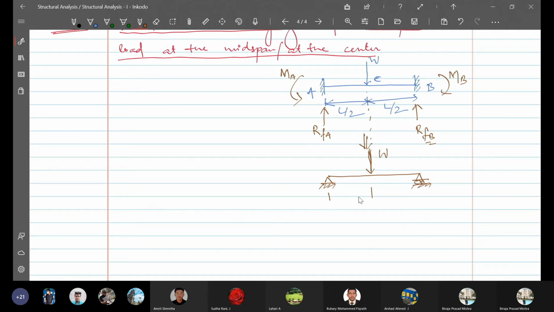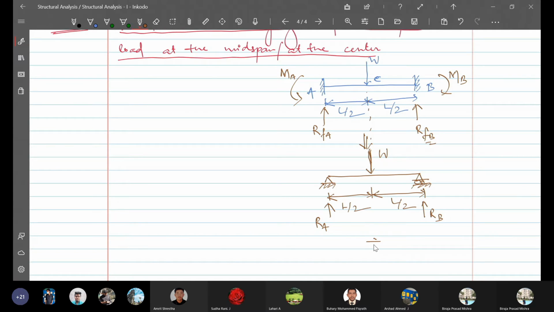The distance from here to here is L by 2, and from here to here is L by 2. Here we have the reaction Ra, and here the reaction Rb.